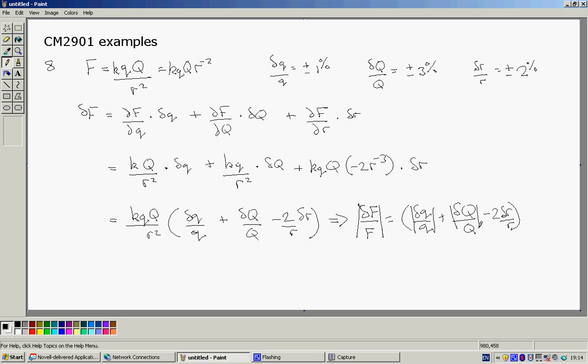So here this is going to be 1%, plus 3%, plus 2 times the magnitude of minus delta r upon r, which is 2%, so plus 2 times 2%, giving a total of 8%.